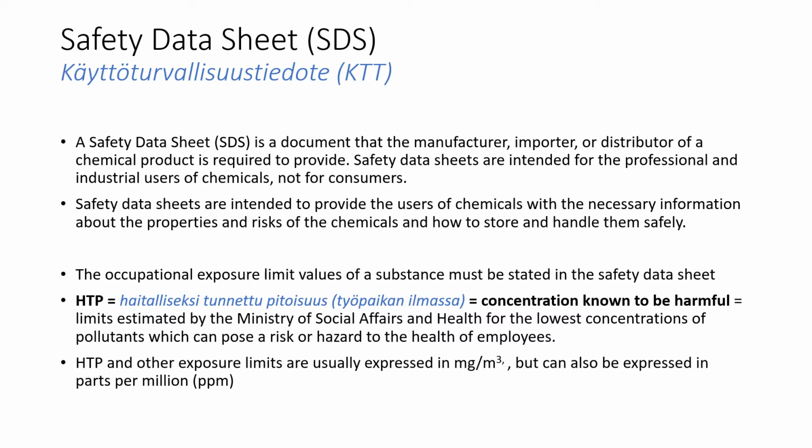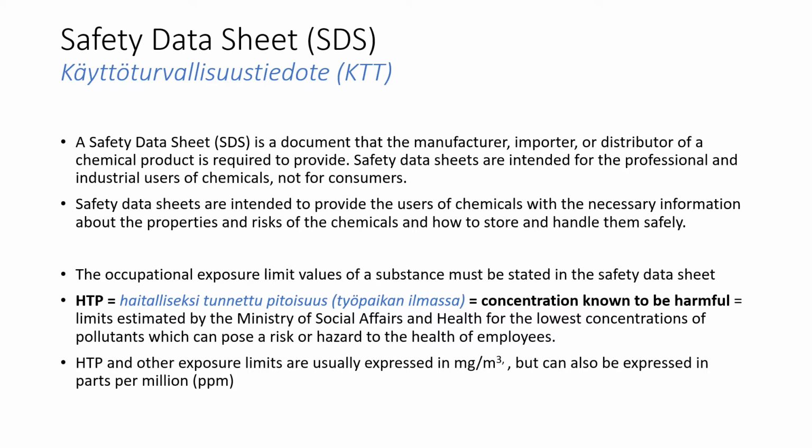In Finland, the binding limit values for concentrations of pollutants in workplace air are set at EU level. For the indicative values, the Ministry of Social Affairs and Health confirms a list of concentrations of impurities in workplace air known to be harmful.